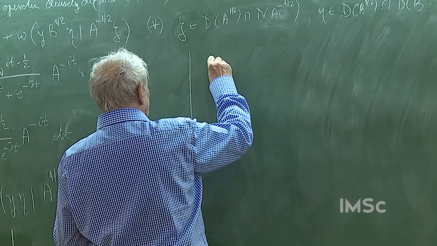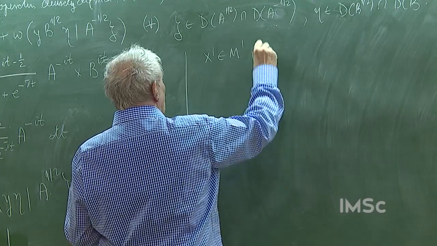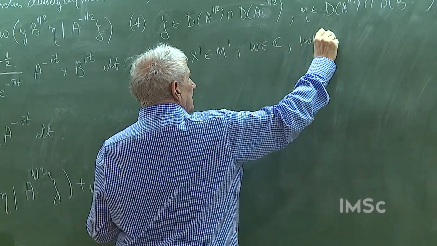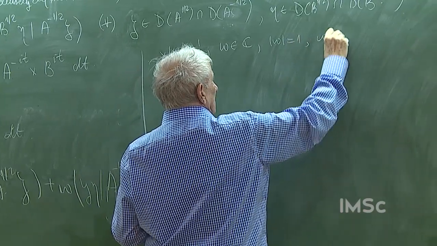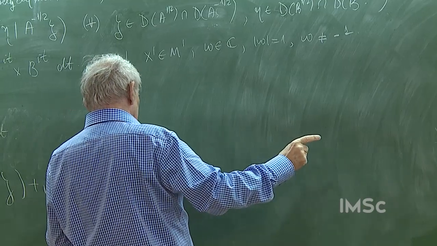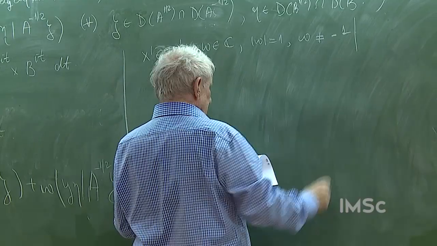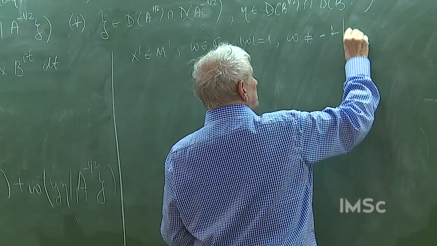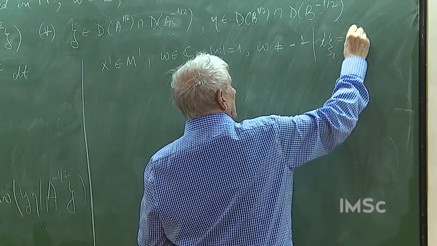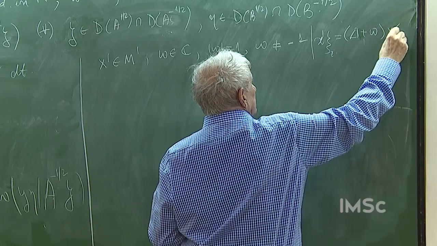We started with arbitrary x prime in m prime, omega a complex number of modulus 1, but not minus 1. And we obtained this relation in here, where x is given by the equality x prime zeta 0 is equal to delta plus omega x zeta 0.